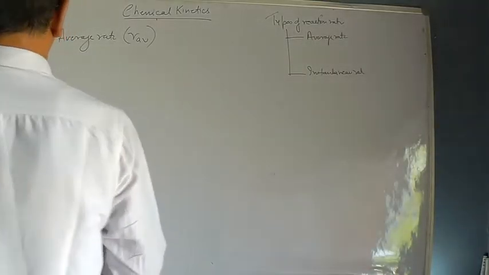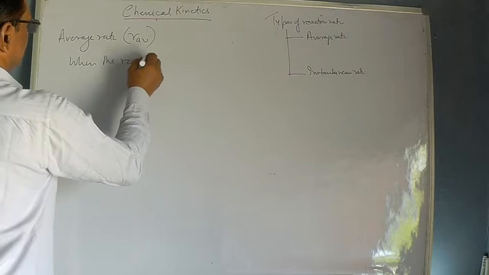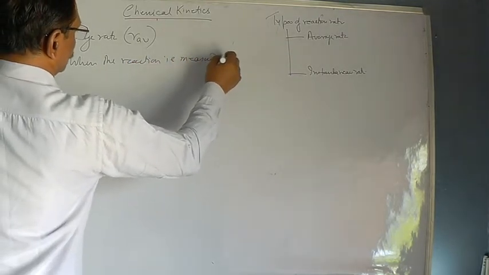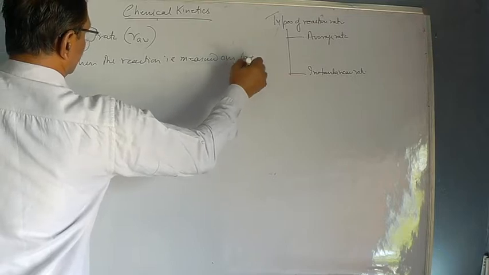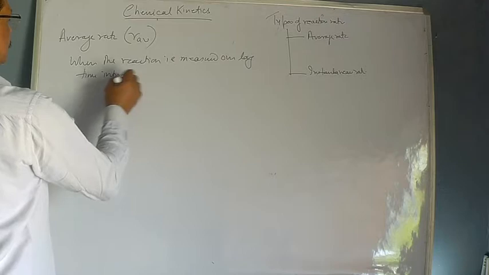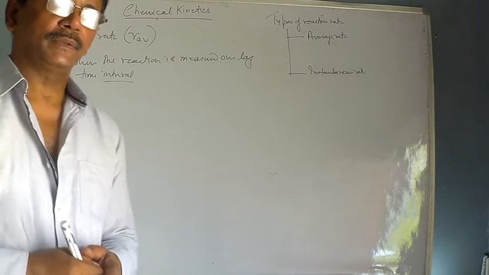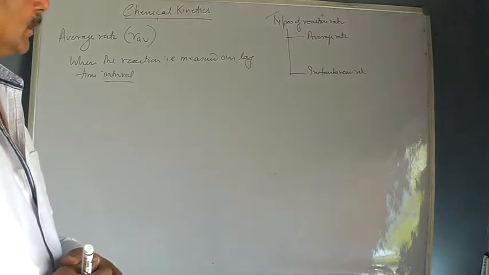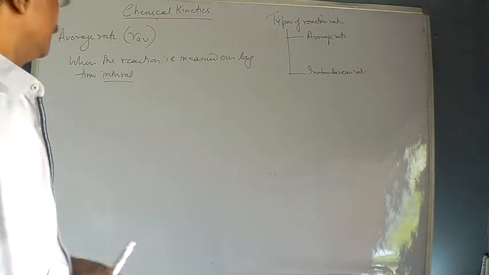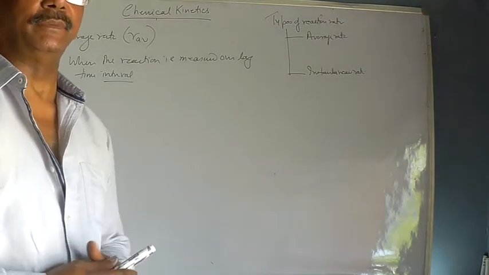Average rate: when the reaction rate is measured over a long time interval, it is called average rate. We started a reaction at 2 o'clock and we are finally ending it at 5 o'clock. So 3 hours have passed. If we take the entire 3 hours into consideration, that reaction rate will be the average rate.